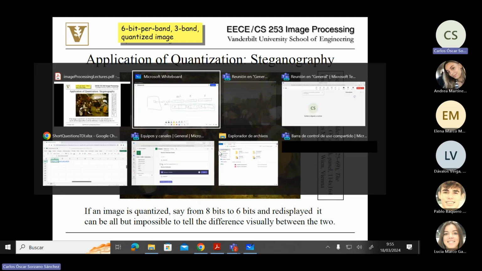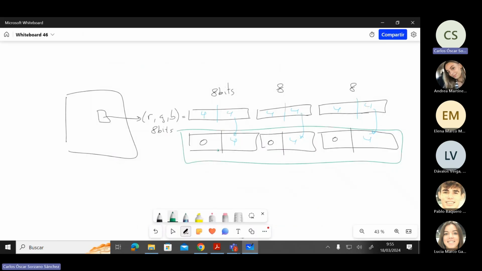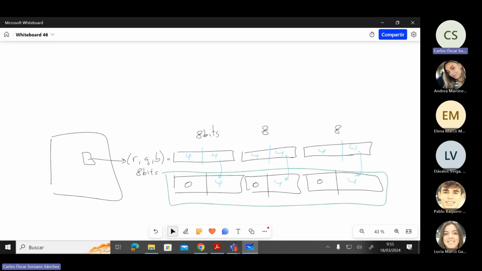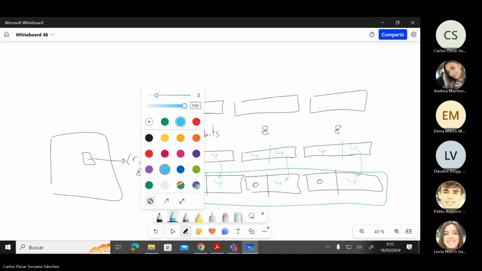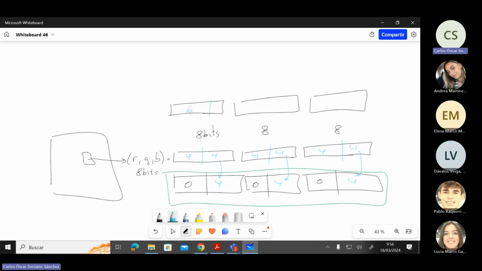So let's see how we have done this. I have these values, but now my decomposition is different. My decomposition is 2.